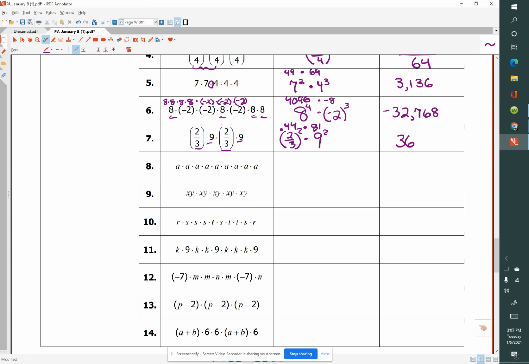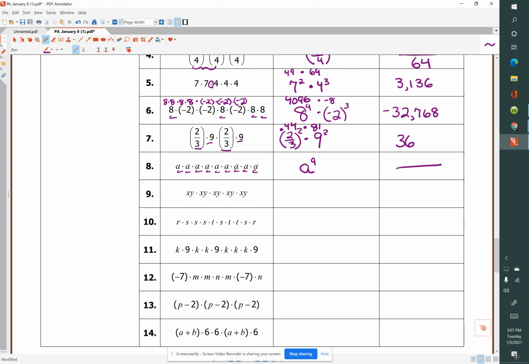Now, how many a's do we have here with this variable? The exponents work with variables as well. We have 1, 2, 3, 4, 5, 6, 7, 8, 9. So we have a being multiplied by itself 9 times, and that's a to the 9th power. But there is no standard notation for this because it's a variable.